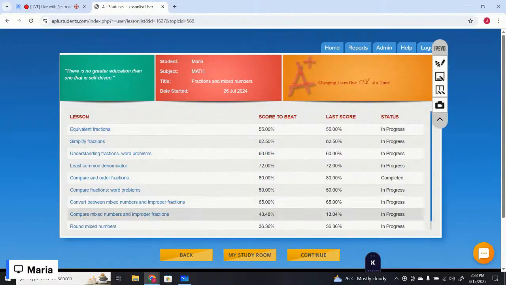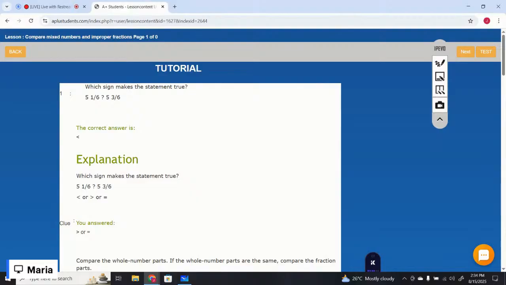Next lesson is compare mixed numbers and improper fractions. Five whole 1 by 6 and 5 whole 3 by 6.